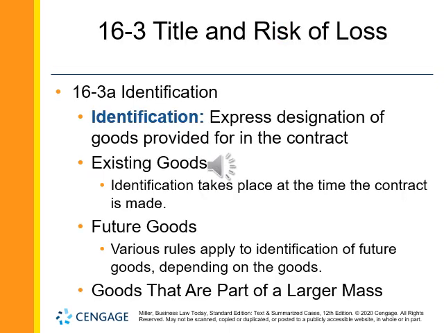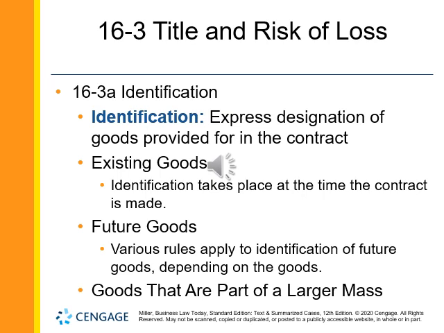Title and risk of loss. In order to establish the circumstances under which title can change hands, and likewise, in order to provide for an insurable interest so that a party does not have a risk of loss, we have to look at identification of goods.